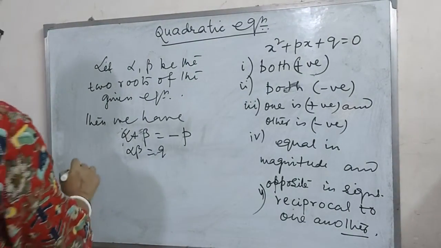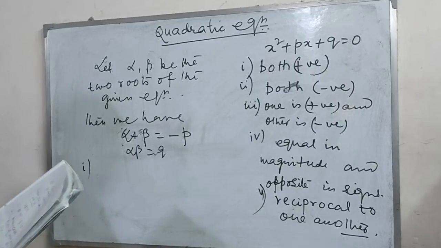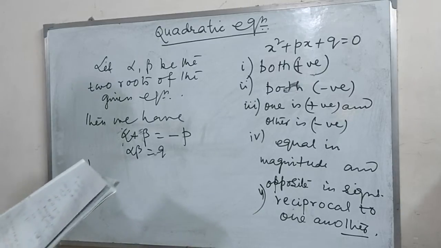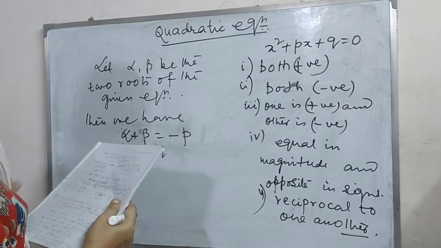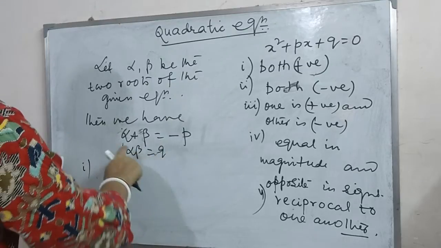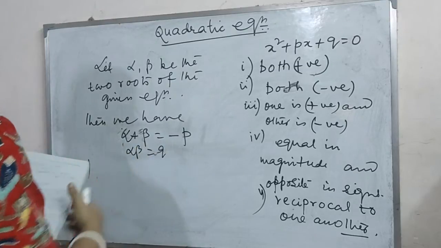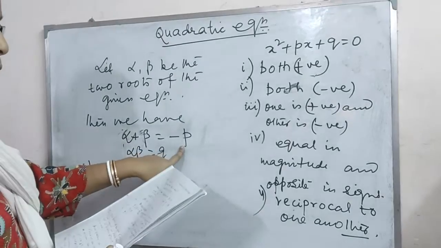Since alpha plus beta equal to minus p, the sum of the roots is equal to minus p.